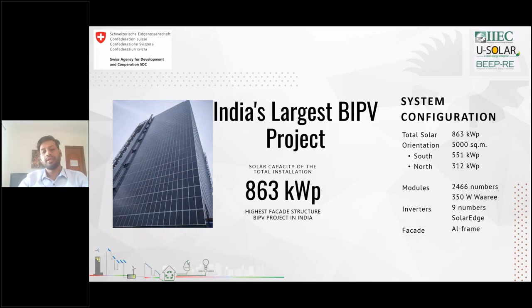Even though there will be some mismatch losses, they are very minimal in this case, and can be mitigated in a normal ground-mount or RCC installation. But when it comes to BIPV modules, the modules are oriented in different directions.